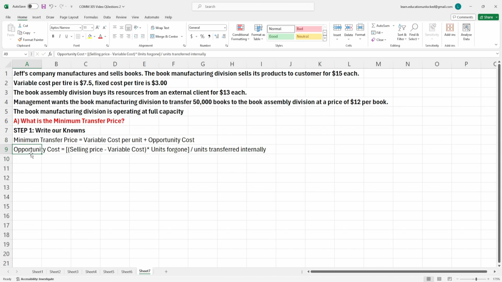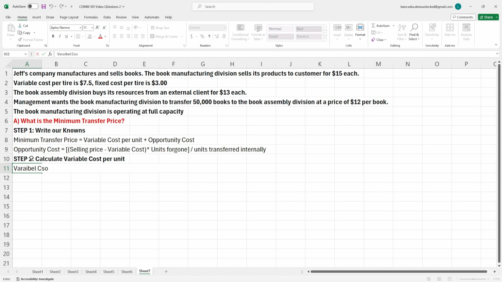All right, so that's our two formulas that we need for this question. So step 2, we can calculate our variable cost per unit. And that gives us 7.5, and the 7.5 is from the second line right here.